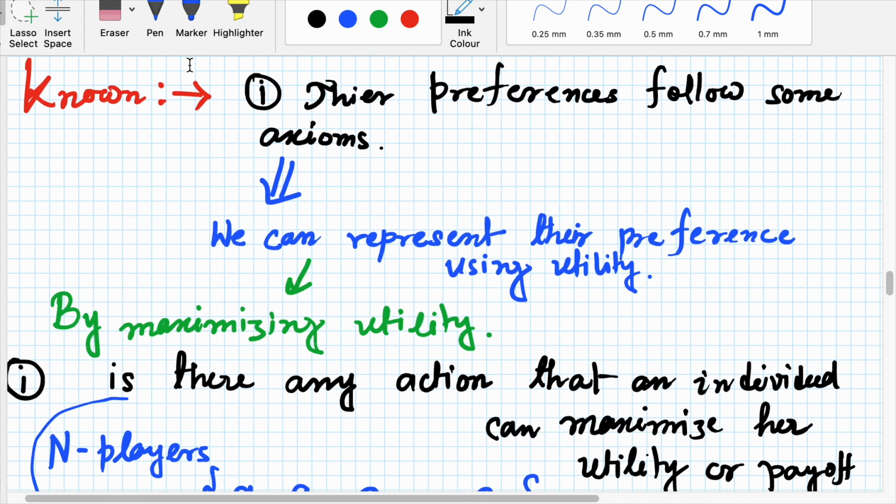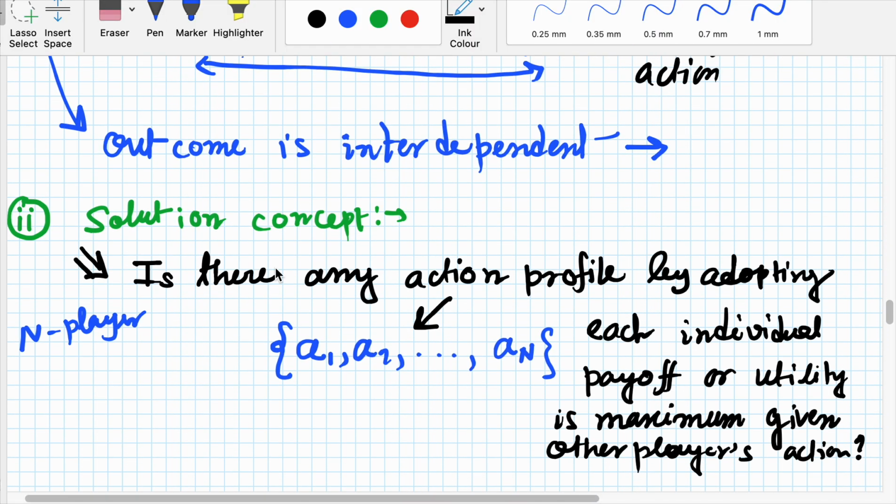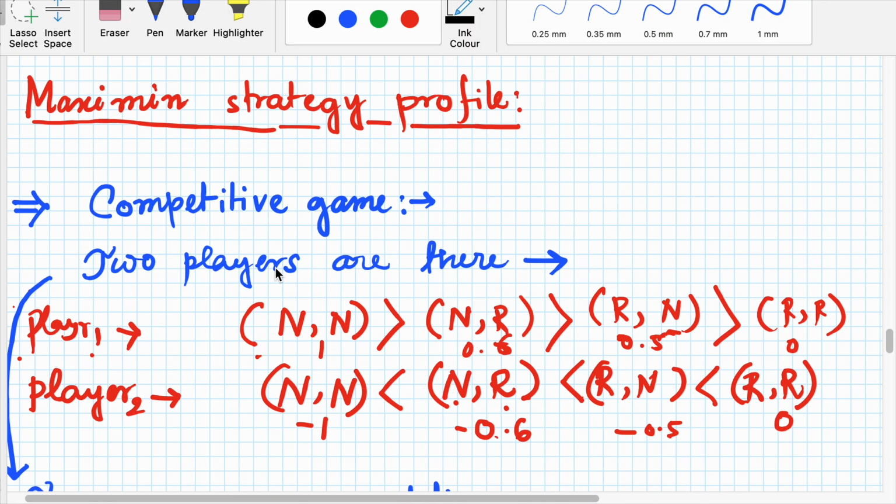Then we have introduced a particular class of game which is called strictly competitive game. We used it in the previous class.